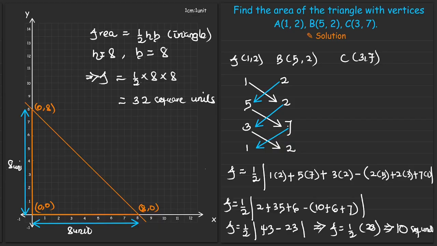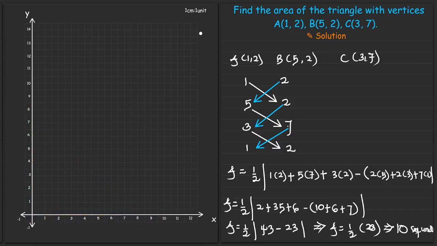If we were to do it graphically, then we would have plotted all these points on our graph, determined the height, and then determined the base. Let's do that here and see how that is also going to be. So on our Cartesian plane, we are going to plot our points.